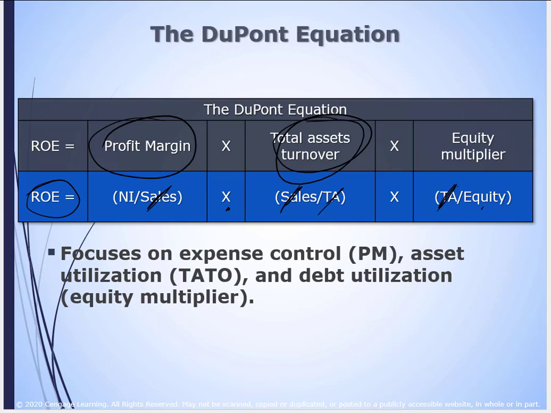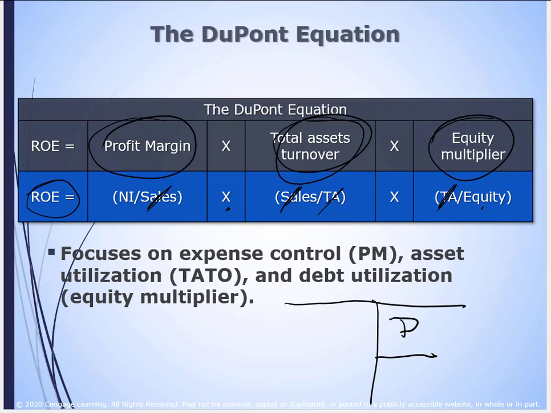Increase the efficiency with which we're operating our company. And finally, and this is the one that most people have some issues with, we can find ways to increase leverage. How is that possible? How is it possible that just borrowing more money would increase return to shareholders? Well, let's think about the balance sheet first.